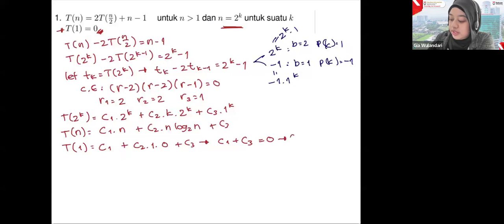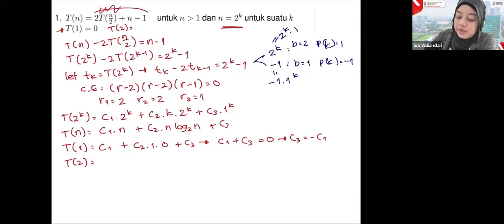Or it means we can write C3 as minus C1. Yeah. And then we need another equation. Let's say T2. So here we will have T2 based on the equation we have in the problem.